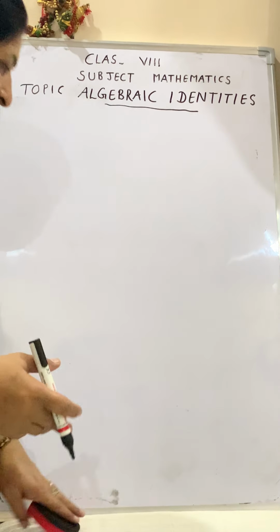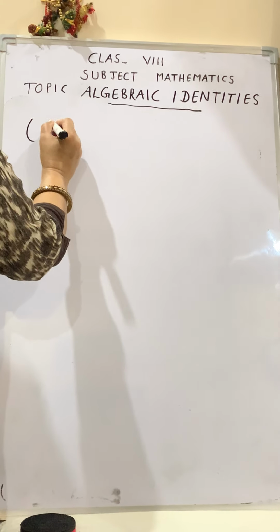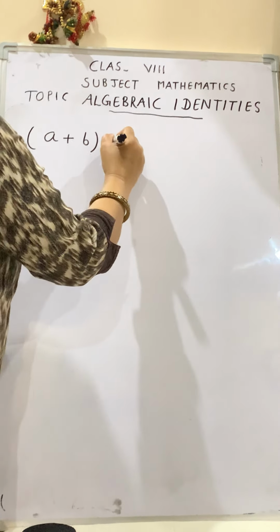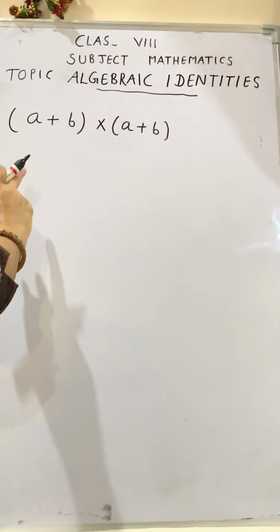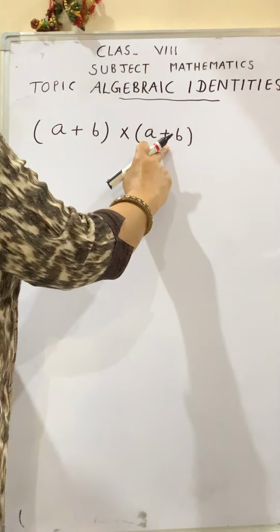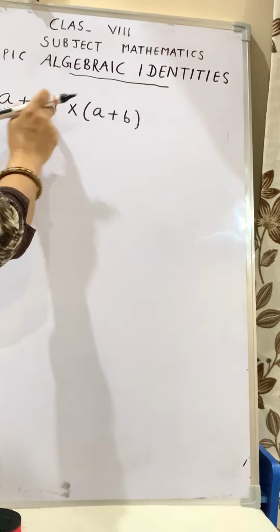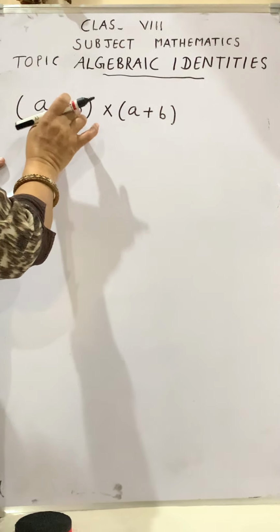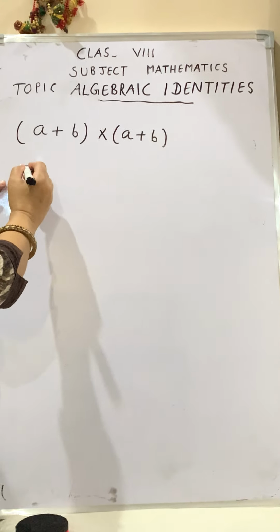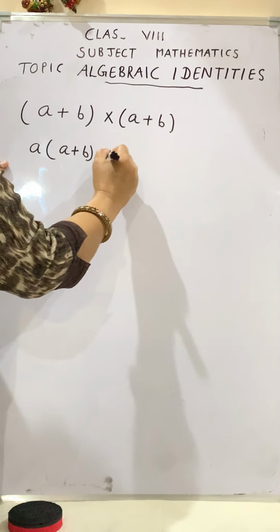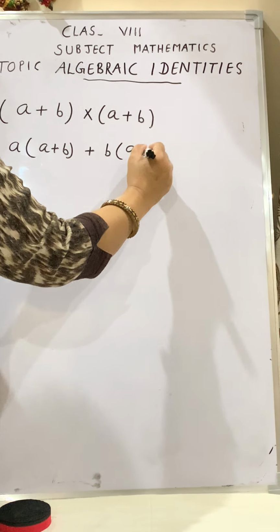If we write a plus b multiplied with a plus b, it is a binomial algebraic expression, because it has two terms. When we multiply a plus b with a plus b, we will find a multiplied with a plus b and plus b multiplied with a plus b.